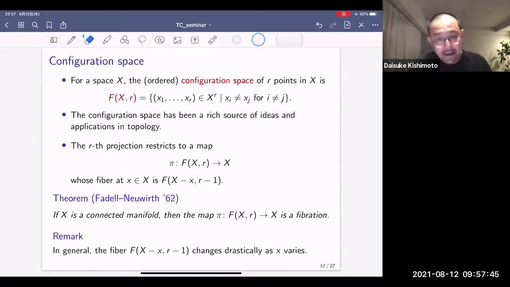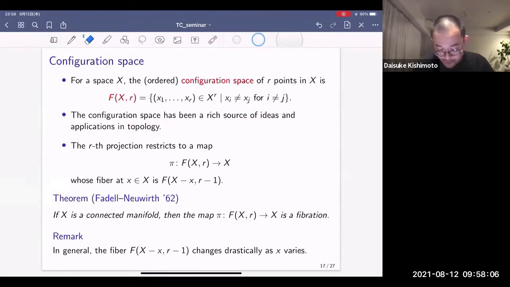This is very nice, but in our situation, this is useless because we are not considering a manifold. X is just a regular CW complex. And actually, the fiber of pi is F(X minus a point, R minus 1).